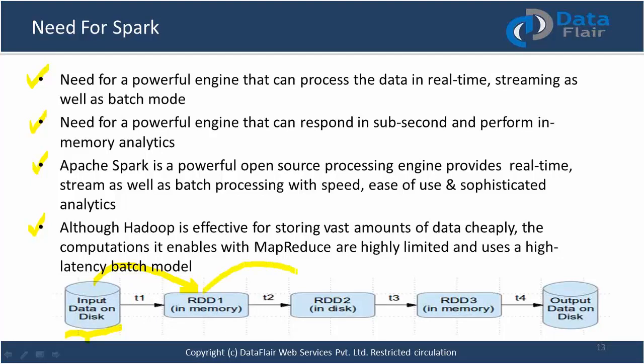Directly read from the memory and write to either memory or disk. You have the options available with you. Here I'm showing it for the disk, but options are available with you. If you are having less memory, write on disk, else keep writing it in the memory. All the iterations you can write in the memory. When you are ready with the result, write the result, your output data, onto the disk.